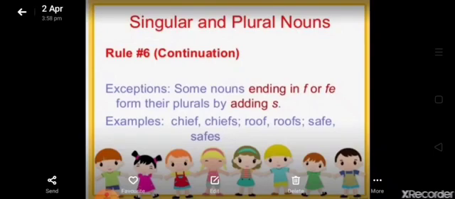So always remember, whenever we are writing plurals of nouns ending in f and fe, if there is a vowel before f or fe, always write s in the plural form. Now this example is very useful for you: chief, chiefs, roof, roofs, safe, safes. These are the examples of putting s.